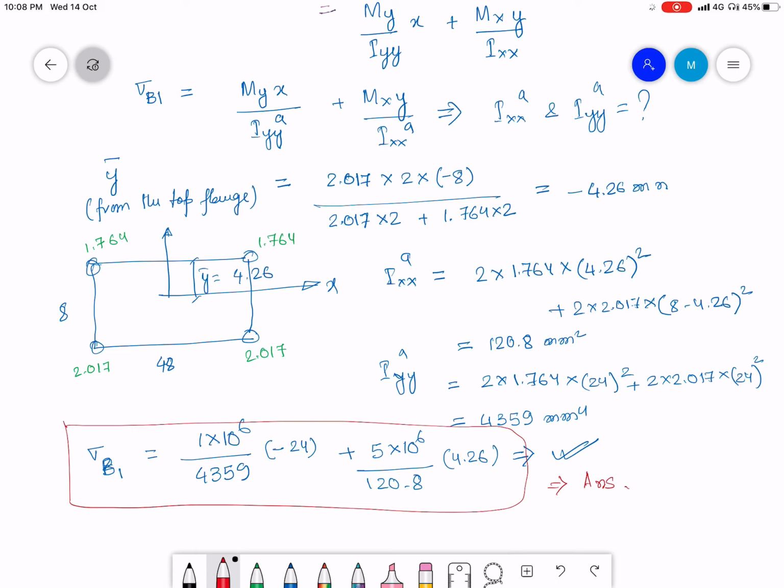The calculation is pretty straightforward and not at all cumbersome, as it would have been if we had solved the actual cross section.